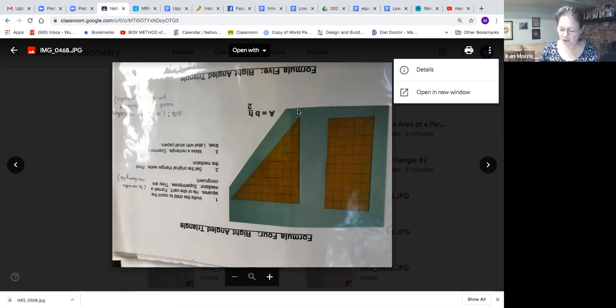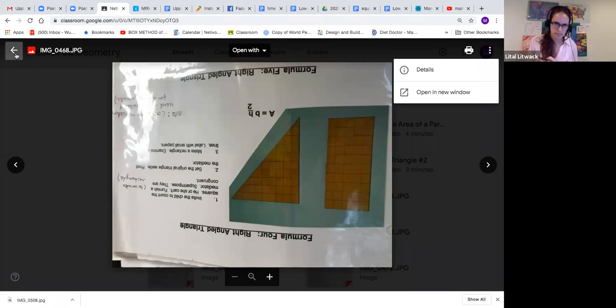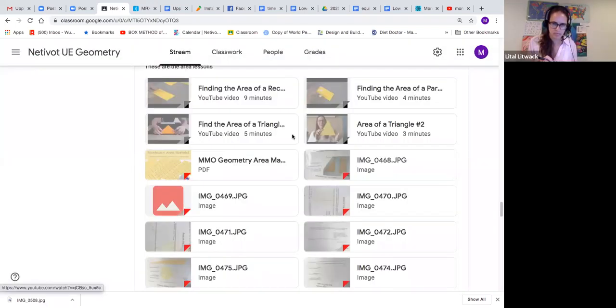So this actually shows you, let's see, turn around triangles. It shows you the derivation for the right-angled triangle, which again comes up with the same formula.